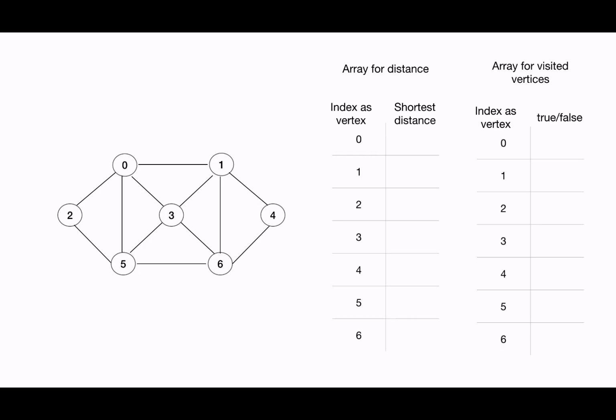These can be A, B, C, D, E, F, G, and the shortest distances will be the values in this array. And one more array to keep track of already visited vertices. It will store Boolean, true if the node is already visited, and false if it is not visited previously.